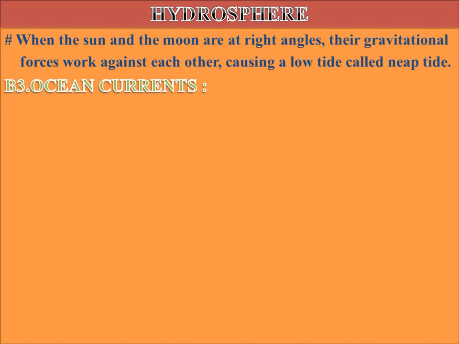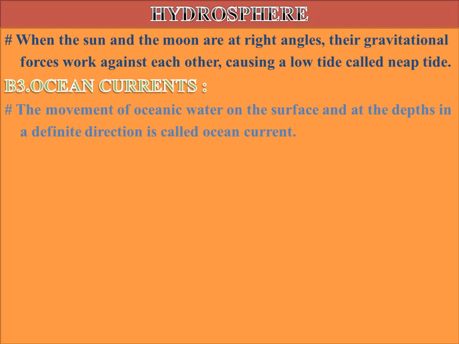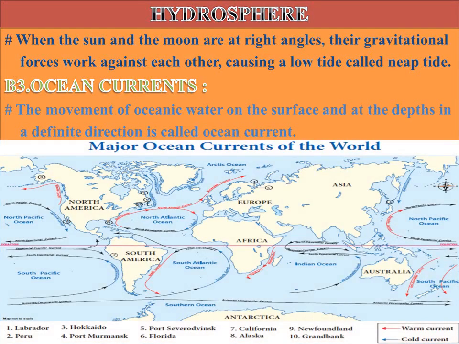Next we are going to learn about ocean currents. The movement of oceanic water on the surface and at depth in a definite direction is called ocean currents. I will give the ocean currents map at the bottom of your slide.